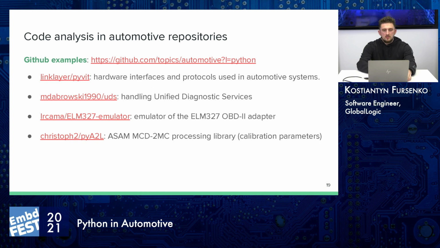Okay, and if you would like to see real code examples of Python projects, you can follow this GitHub link and look at the automotive and Python tags. So with live examples, there are a lot of tools written in Python here, tools used to communicate with some interfaces and protocols used in automotive systems, handling the unified diagnostic services.